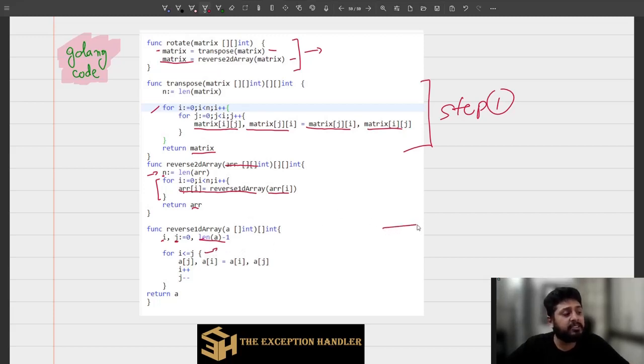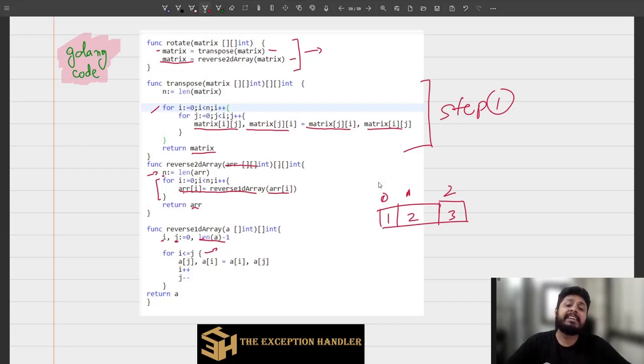So practically, if I have, let's say, 3 elements, 1, 2 and 3, then i is 0 and j is 2, so these are swapped. When i is incremented and j is decremented, i becomes 1 and j becomes 1, so this is swapped with itself, which is okay.